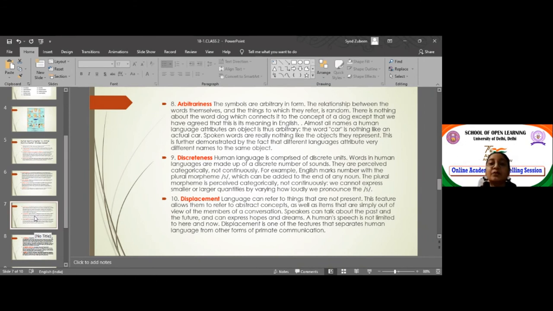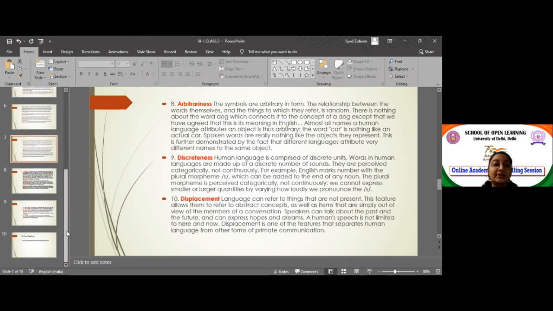Then discreteness. Human language is comprised of discrete units. Words in languages are made up of a discrete number of sounds. They are perceived categorically, not continuously. For example, English marks number with the plural morpheme. The smallest unit is the morpheme.